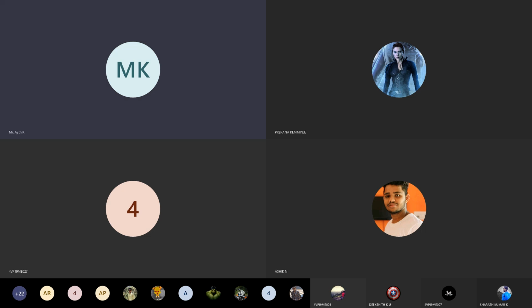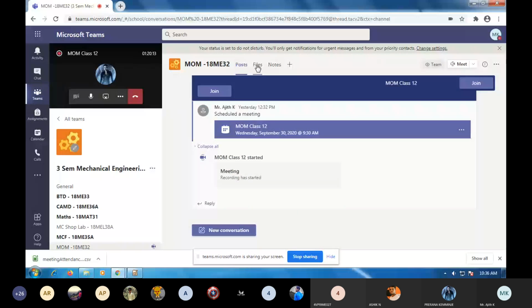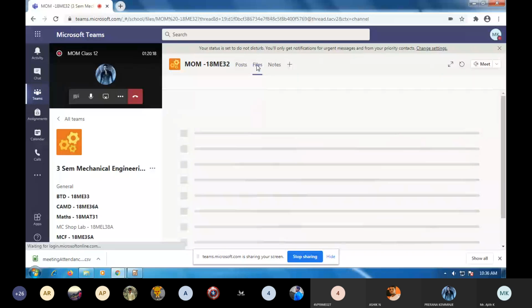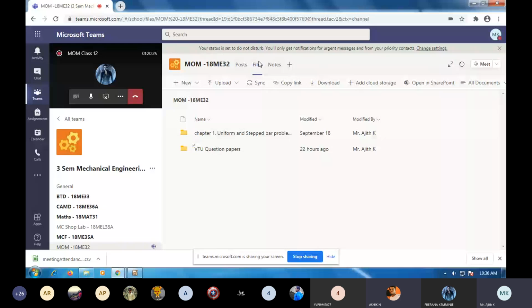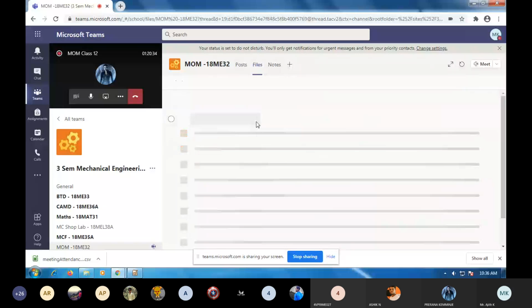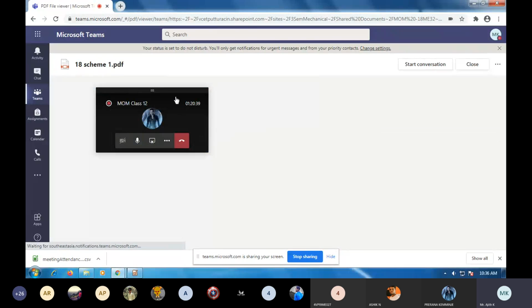Previous question papers are shared in Teams. You can go through them. I hope you know how to access this. Go to the channel, in Files, the question papers folder, where scheme-wise question papers are uploaded. You can go to any scheme. Under the 18 scheme, we'll be having only one question paper.